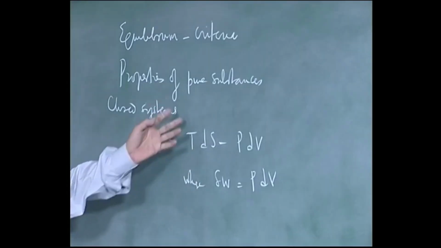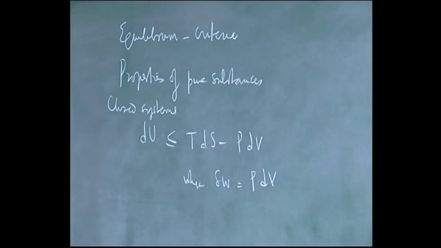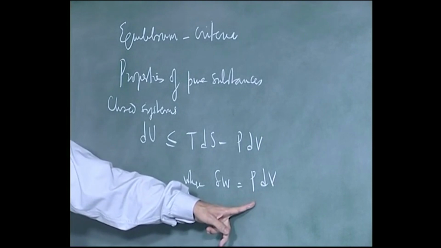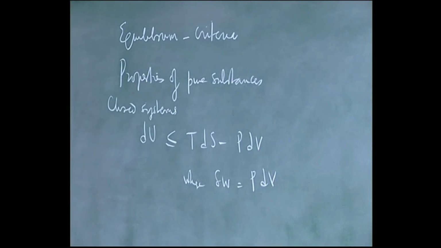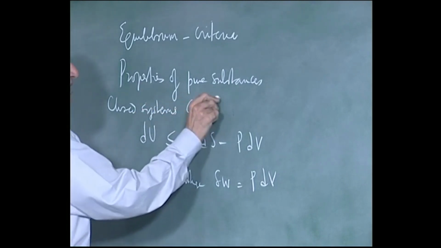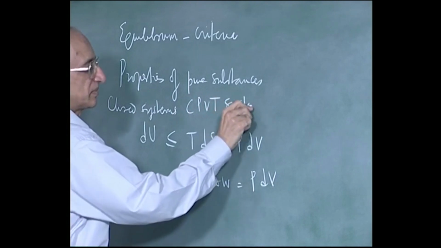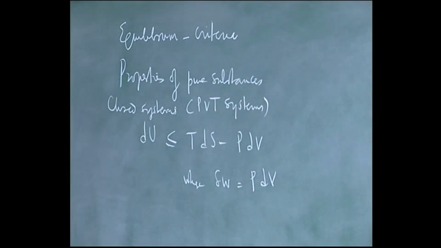I told you in some of the newer books this will be delta Q plus delta W, but in that case delta W will be minus PdV, it is a minor change. But I have taken PVT systems, closed systems, we call these PVT systems, which are of greatest interest in chemical engineering.